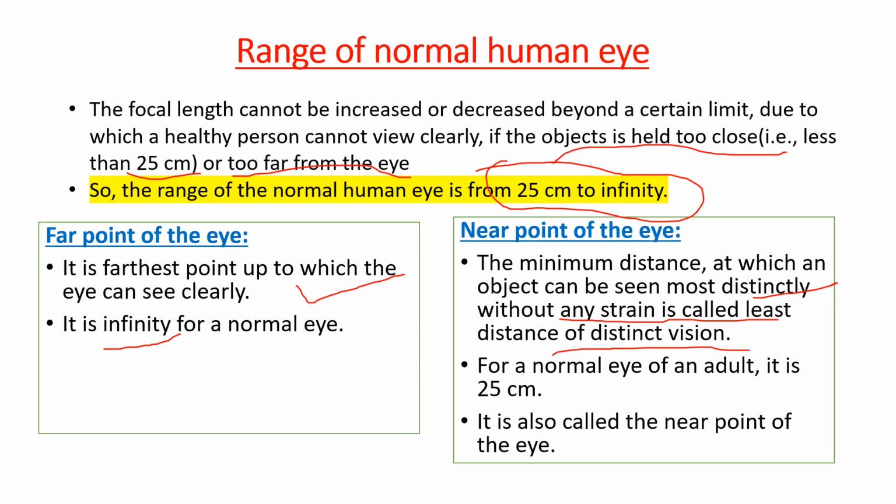So the least distance of distinct vision for a normal human eye is 25 centimeter. Nearer than this, if a person looks, the object image looks blurry. So the farthest point is infinity and the nearer point is 25 centimeter. So in short, the range of the normal human eye is from 25 centimeter to infinity.